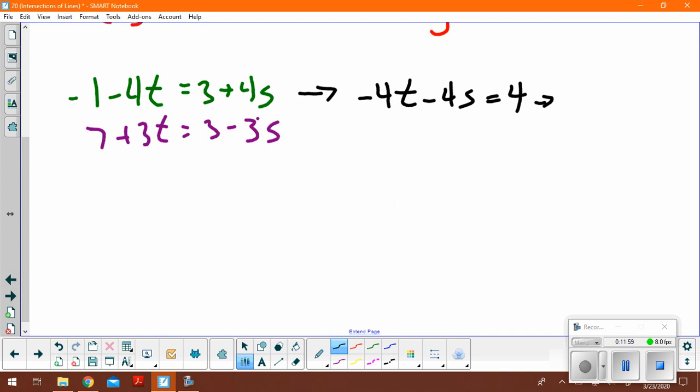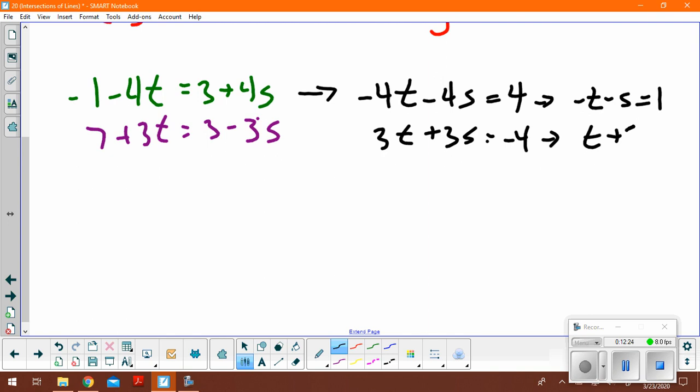So that simplifies to -t minus s equals 1. My second equation, I'm going to have 3t plus 3s equals -4. And again, that reduces nicely. I have t plus s equals -4 over 3.